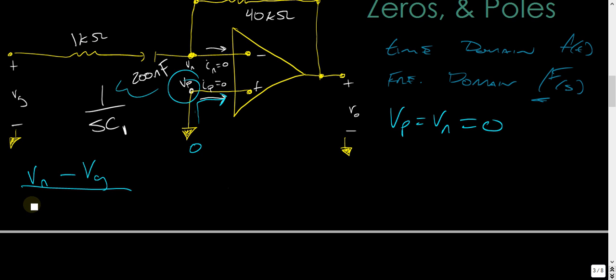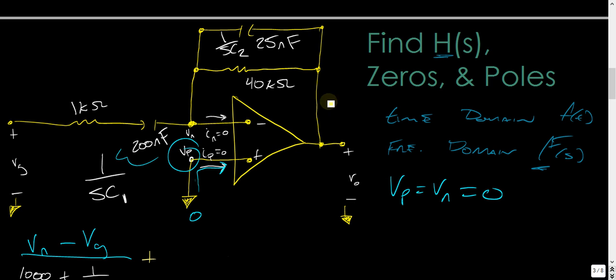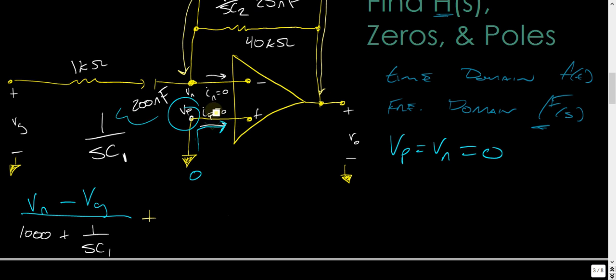So we have 1,000 plus 1 over SC1. Our next one is going to be the next portion, so we went that way. Now we basically have to follow all these nodes here in node voltage, and if you know about the nodes, this is just one big node here. This can collapse, and this can collapse here. So I'm just going to follow all the paths that connect here to form my node voltage equation. So I'm going to go this way.